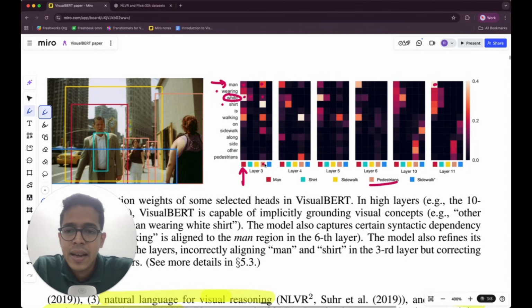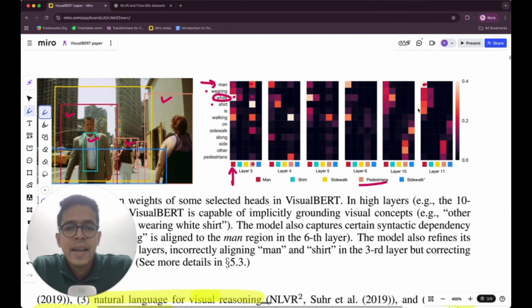And the light red rectangle is other pedestrians. So the word white in the caption need not be correlated with the light red rectangles. It's not needed because it's not true. White should ideally be highest correlated with the blue rectangle, and white can also be correlated with this rectangle, perhaps, sure, because the white shirt is being enclosed in this rectangle also.